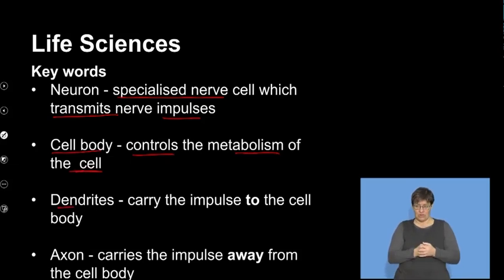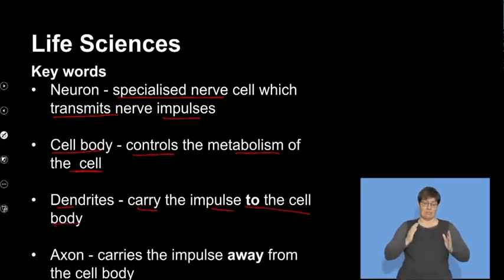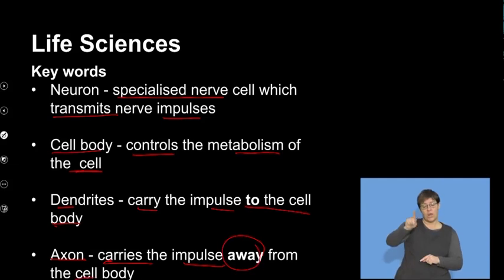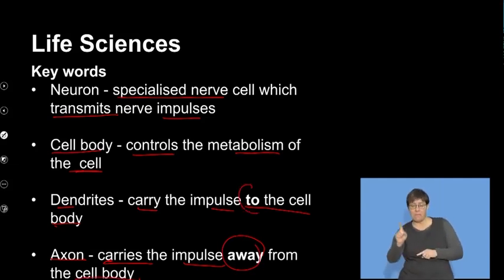Then the dendrites, which we saw at the beginning, carry the impulses to the cell body. And we've got the axon, which carries the impulse away from the cell body.